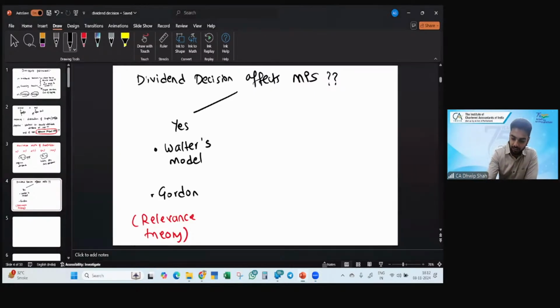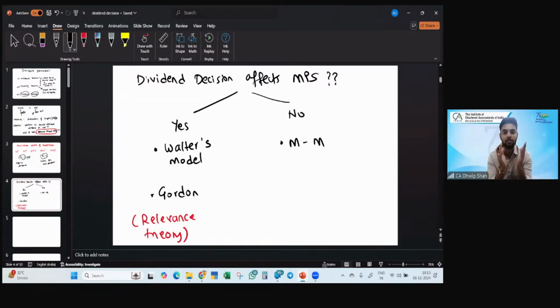Whereas there is one finance scholar called Modigliani Miller. You have learned this under capital structure theory as well. Under capital structure theory as well, MM was on the irrelevance side only. According to MM, capital structure can be anything. It does not have any relevance to cost of capital or market value of the company.